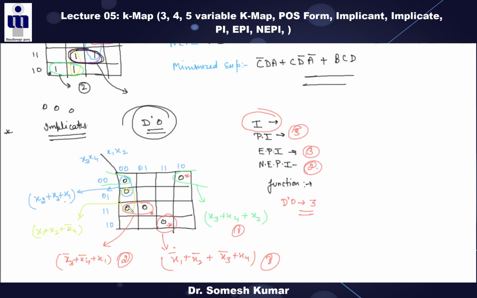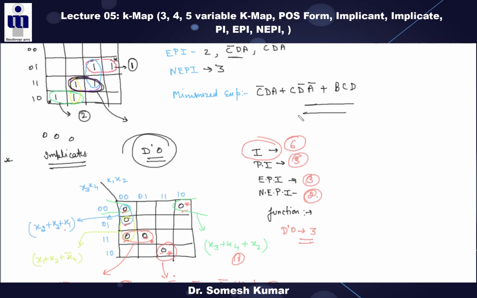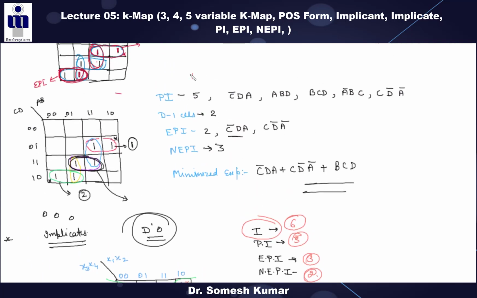So 1, 2, 3, 4, 5, 6, right? So 6 are your implicates. If we write the canonical form, you have to write the expression for all the zeros, right? Clear? So there are 6 implicates. Similarly, in the previous example, how many implicants? 1, 2, 3, 4, 5, 6.